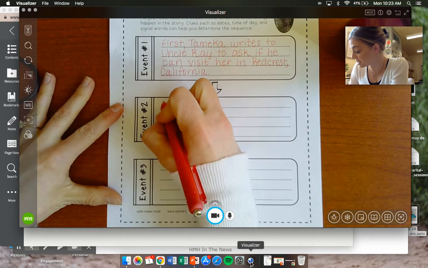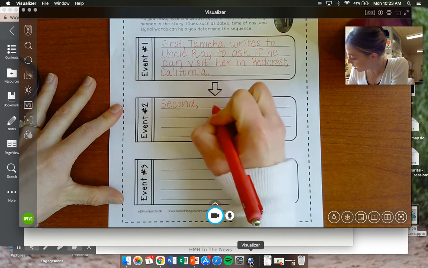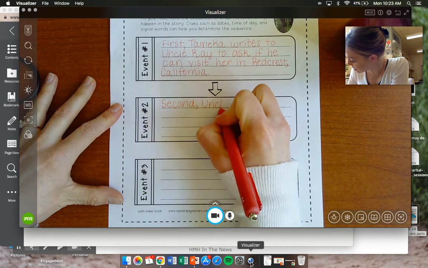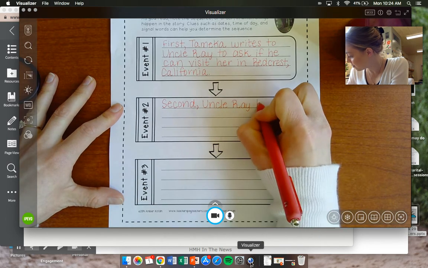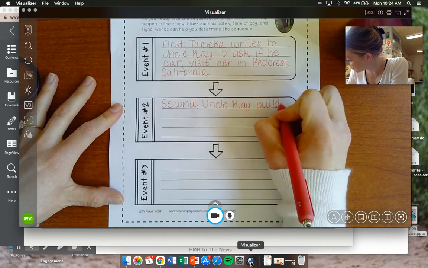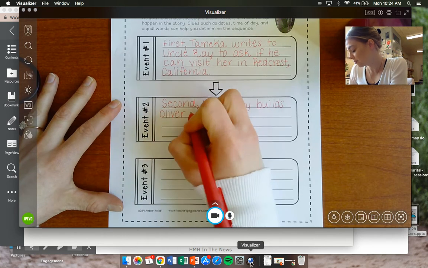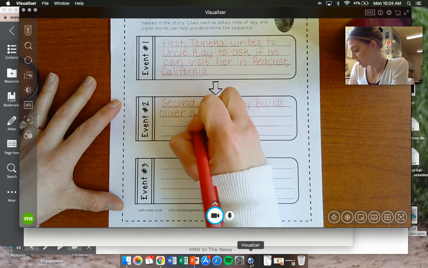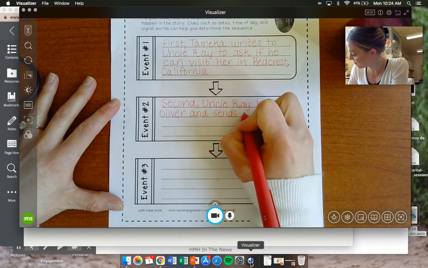I'm just going to use second. Uncle Ray builds Oliver and sends him on his way to Tamika.